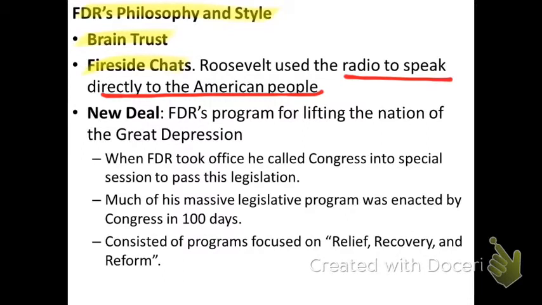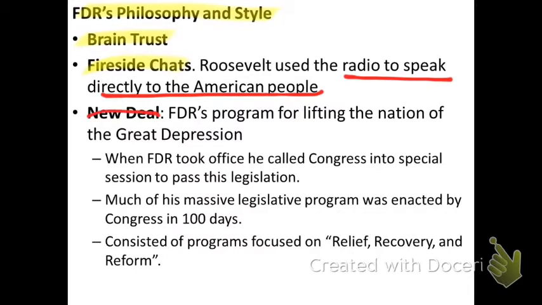For that reason, and really no other, though there are other good things that came out of the Fireside Chats, his sense of optimism, his belief that America will be great again, buoyed the spirits of the American public. And for that reason, the Fireside Chats were very successful.